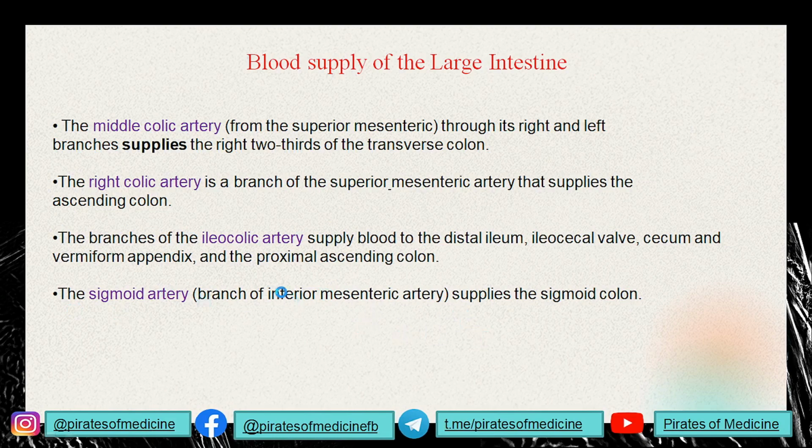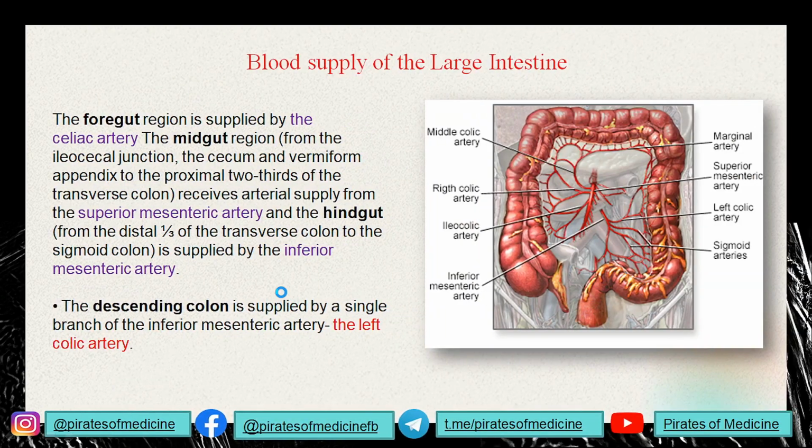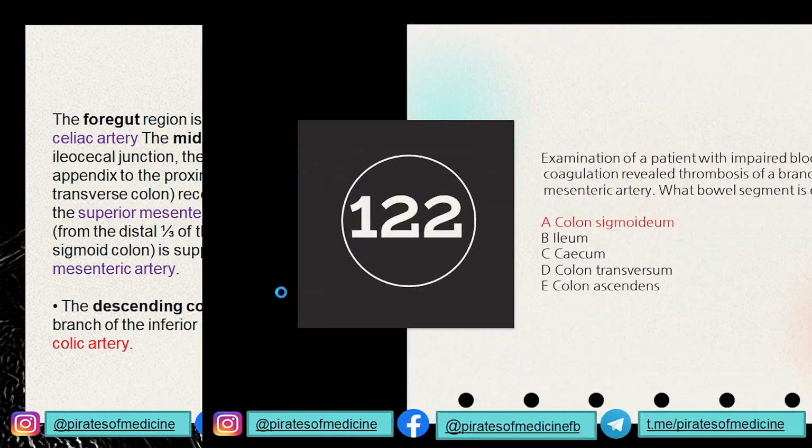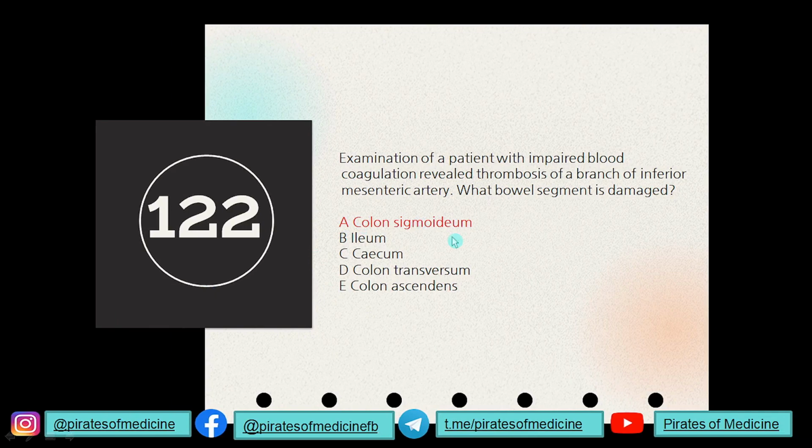Correct? So this is why the answer here is sigmoid colon, which is supplied by a branch of inferior mesenteric artery, because all the other options are not supplied by the inferior mesenteric artery.